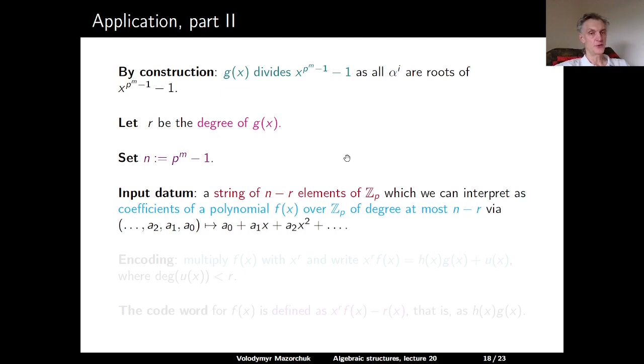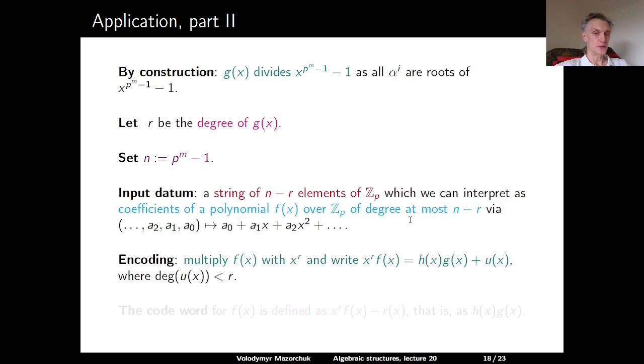The input datum for our code is a string of n minus r elements of Zp, which we can interpret as coefficients of the polynomial f of x over Zp of degree at most n minus r by sending the vector of our elements a0, a1, a2, and so on to the polynomial a0 plus a1x plus a2x squared, and so on.